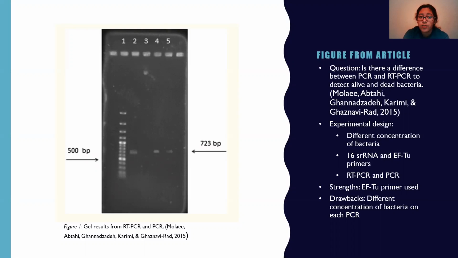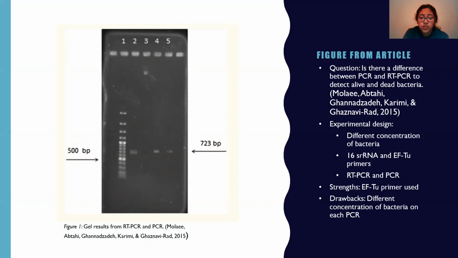The deoxyribonuclease 1 enzyme was used to eliminate DNA contamination, and the EFTU primer was used in order to prevent false positive results to come up in regards to the PCRs.